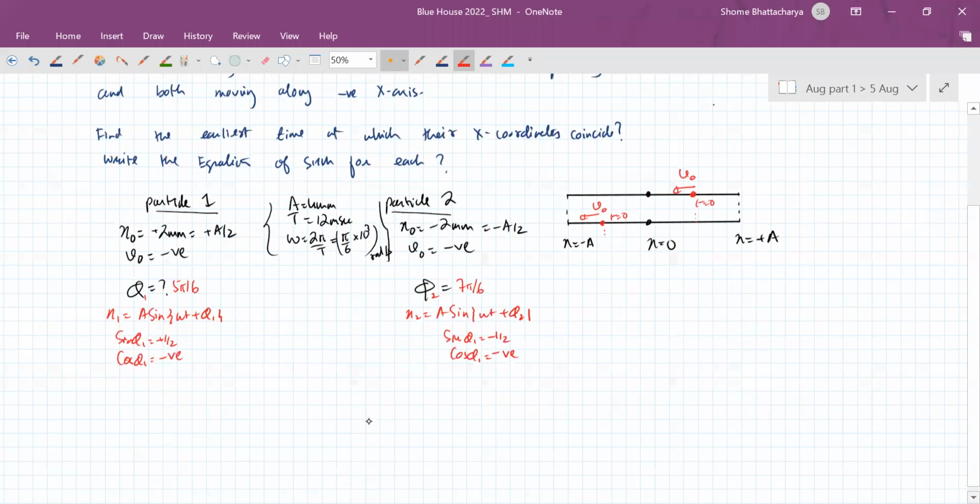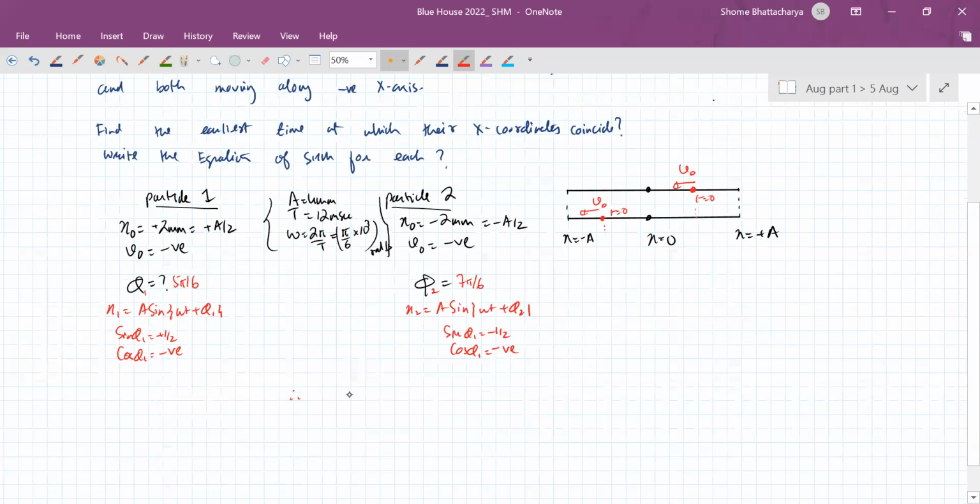So we have the two equations. Therefore their x coordinates coincide when x1 is equal to x2.